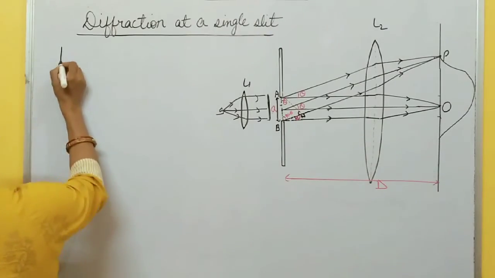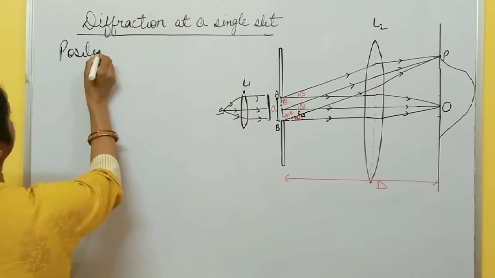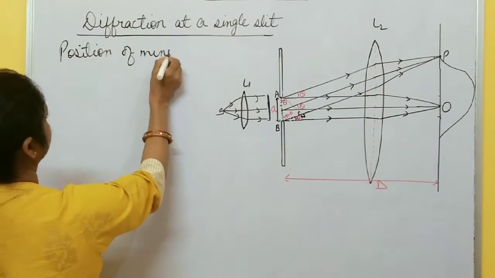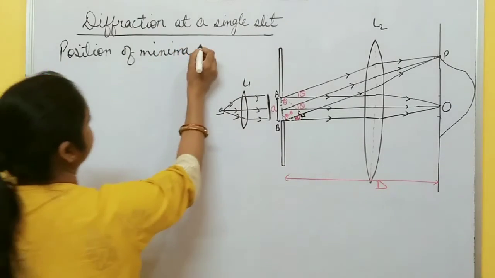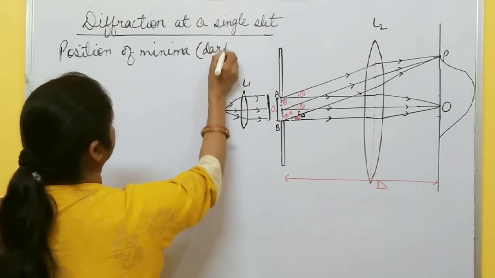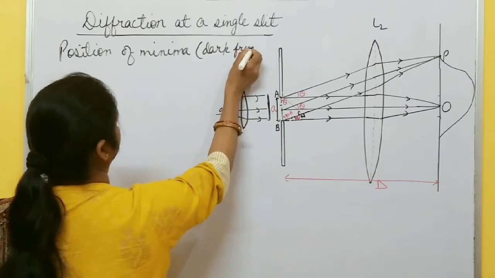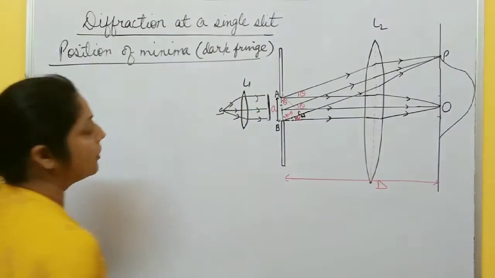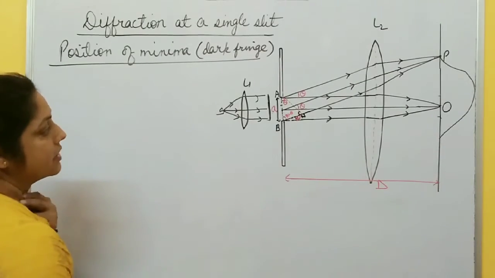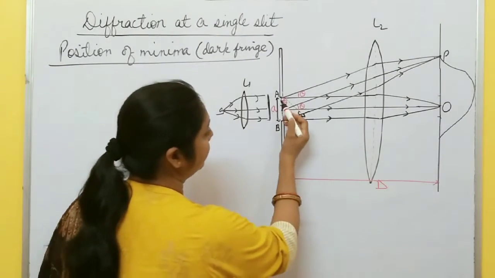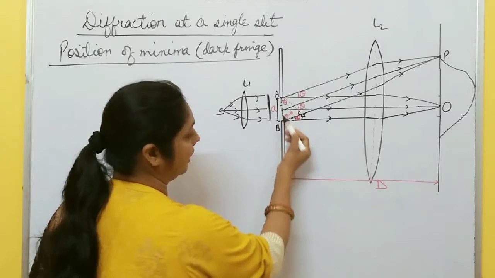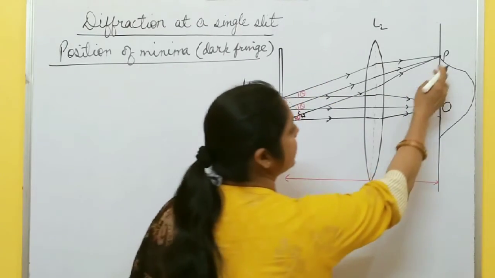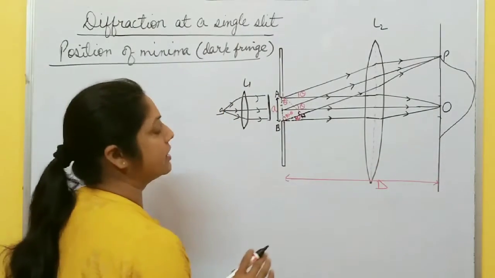Now the position of minima, you can say dark fringe. To calculate this, let us first suppose that the wavelets at points A and B are diffracted at an angle theta and focused at point P on the screen.